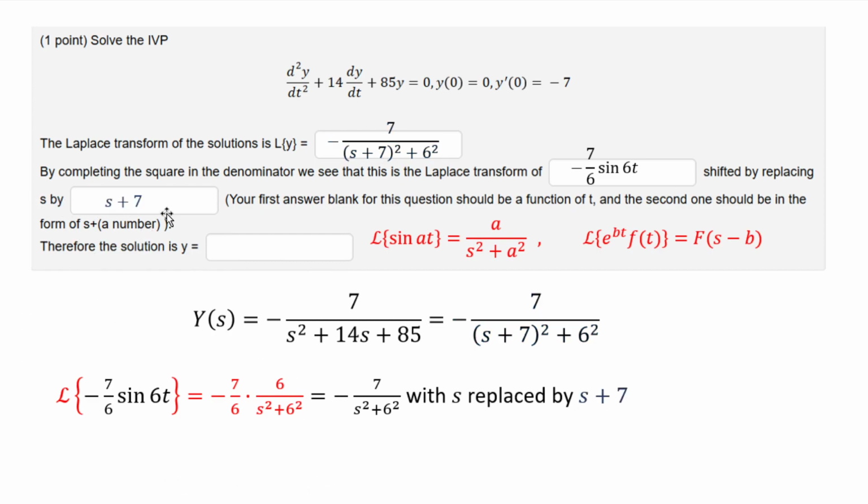Once you are at that point, you can easily see that if s is replaced by s plus 7, that's like s minus negative 7. So b is negative 7. So you have e to the negative 7t times f(t), where f(t) is this much. So the final answer is y of t equals negative 7 over 6 e to the negative 7t sine 6t. So that's what you do.